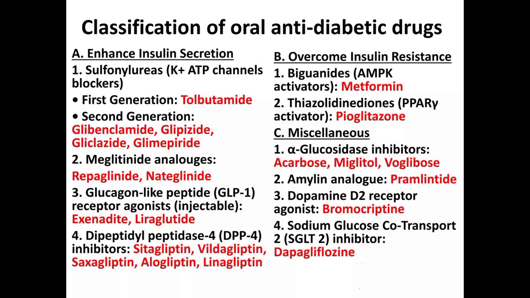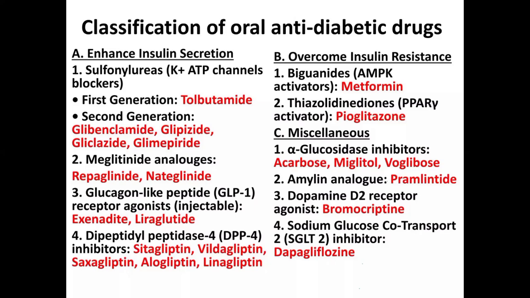Then the second class of drugs which enhance insulin secretion is meglitinide analogs. The examples include repaglinide, nateglinide. The third class which enhances the insulin secretion is the glucagon-like peptide, that is GLP-1 receptor agonists, which are generally given in injectable form.